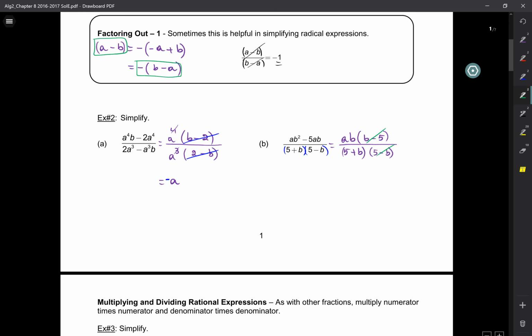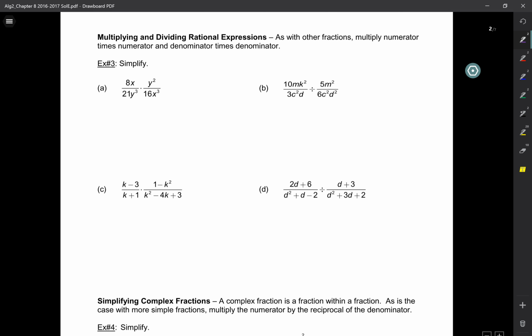And I have to compensate with a what out front? A negative, right? So this is going to be negative AB over 5 plus B. Okay? Questions?